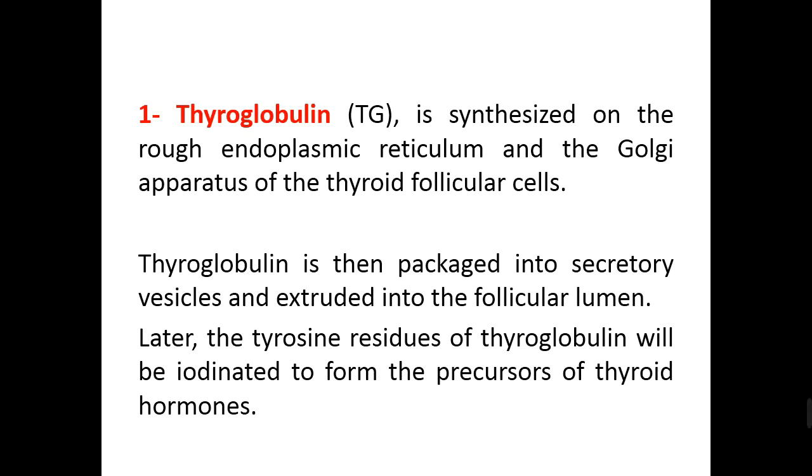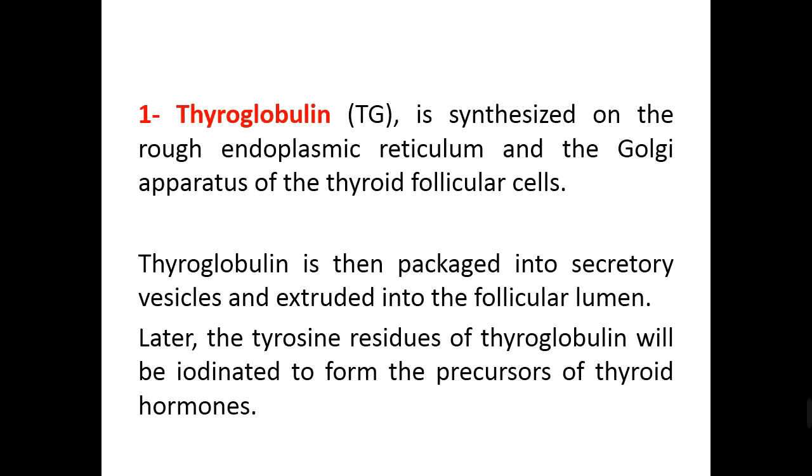So, the first step in the formation of thyroid hormone is production of thyroglobulin. Thyroglobulin is synthesized on the rough endoplasmic reticulum and Golgi apparatus of thyroid follicular cells. Thyroglobulin is then packaged into secretory vesicles and extruded into the follicular lumen.